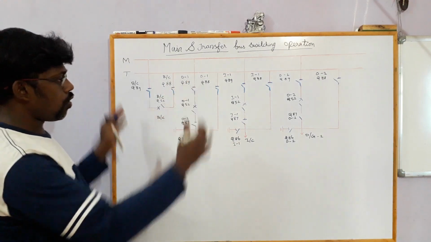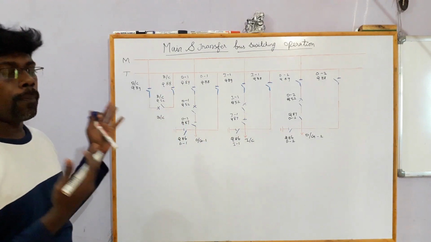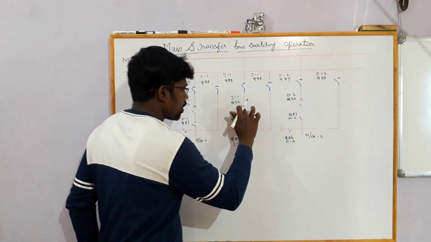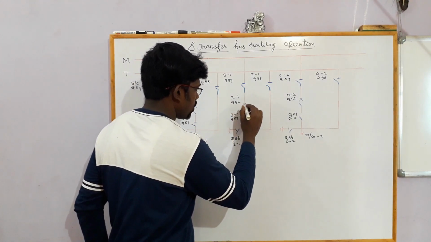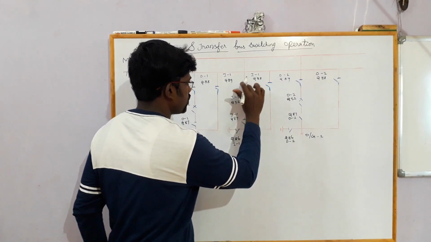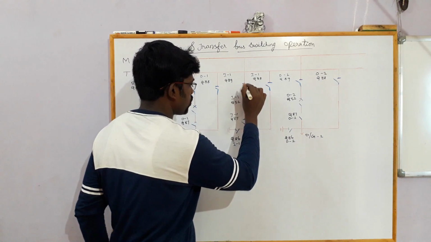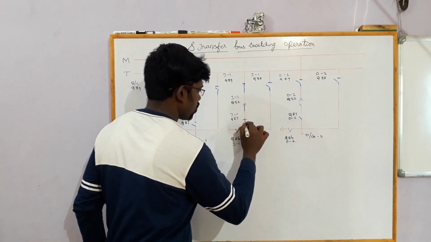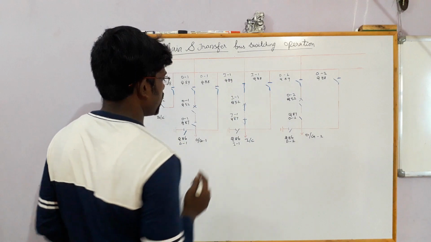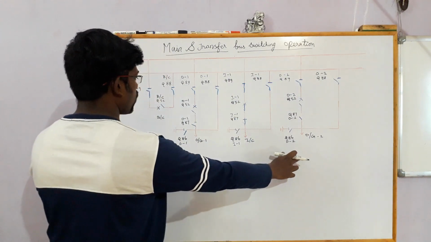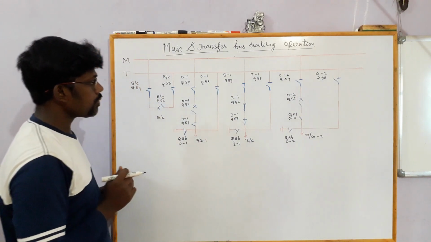So right now all is in open position, but in actual this line will be in close. So this will be energized. This is an incomer, these two are outgoing, this is the bus coupler.